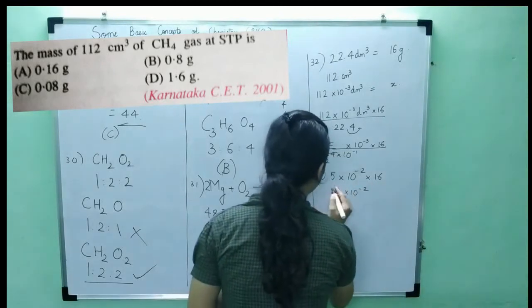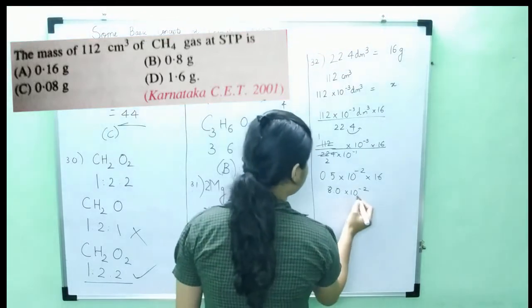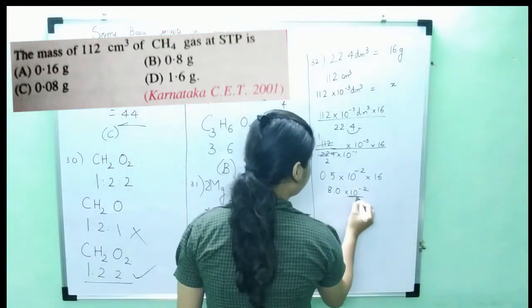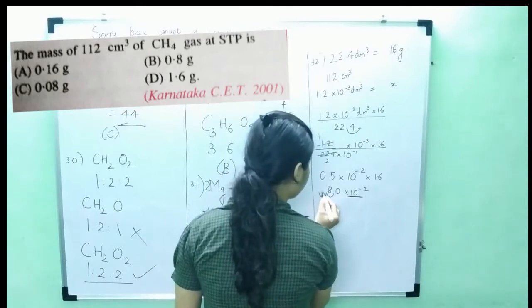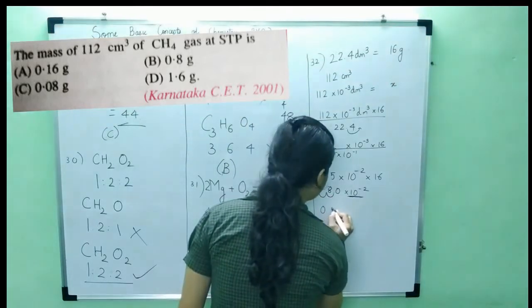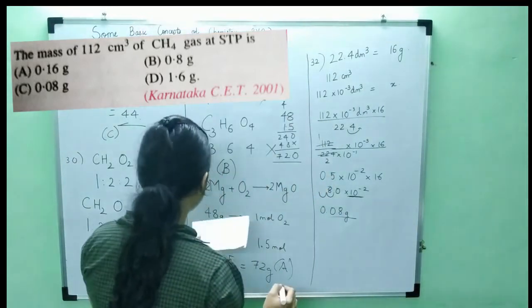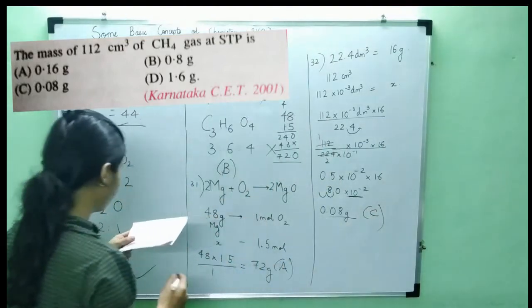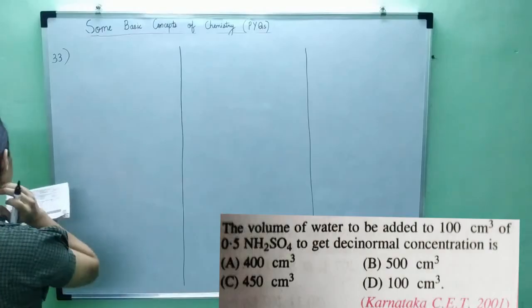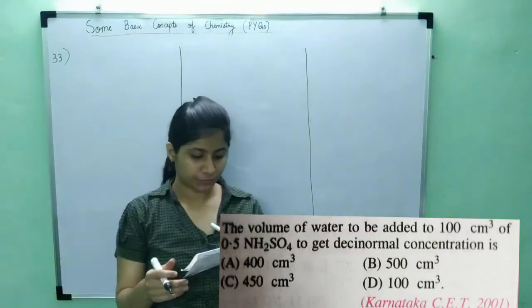Sorry, this comes out to be 8. Now if I have to write this, I have to remove the 10 to the power minus 2. What I'll do, I'll shift the zeros by 2 units. So this comes out to be 0.08 grams. Right. So which is the option? This is option C.